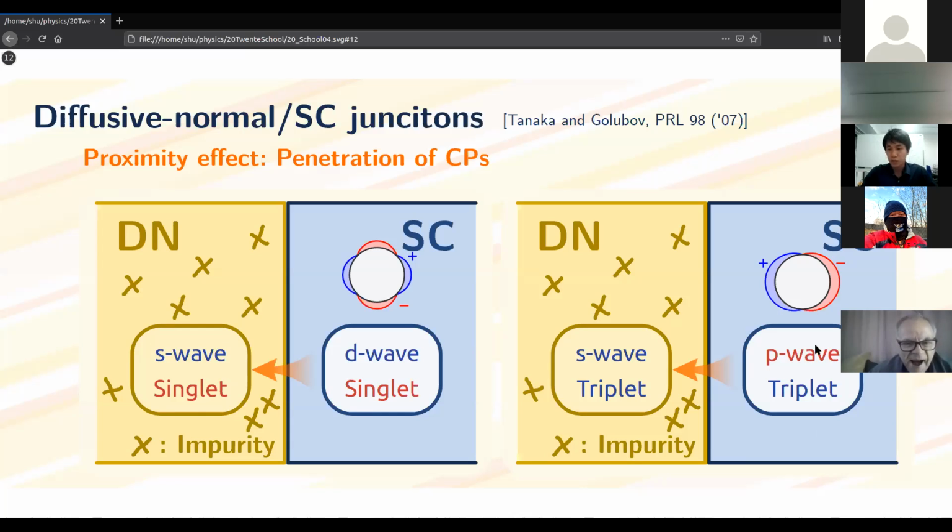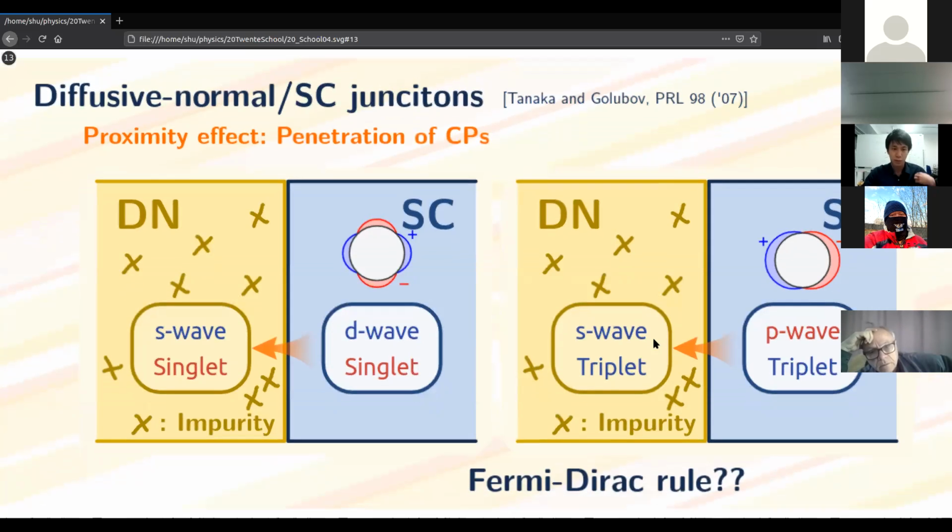However, if we use P-wave superconductors, we have spin triplet S-wave Cooper pairs. And this pair doesn't look like it satisfies the antisymmetric relation. So what is the problem here?